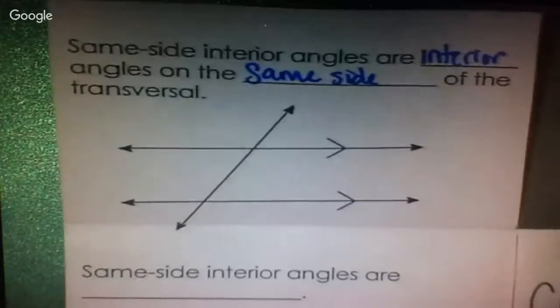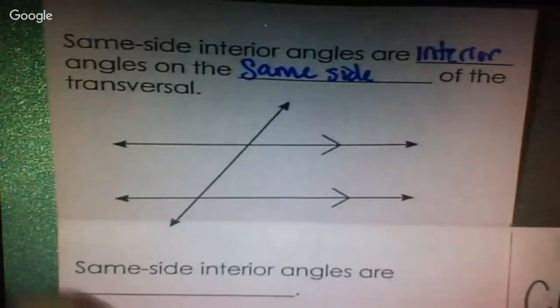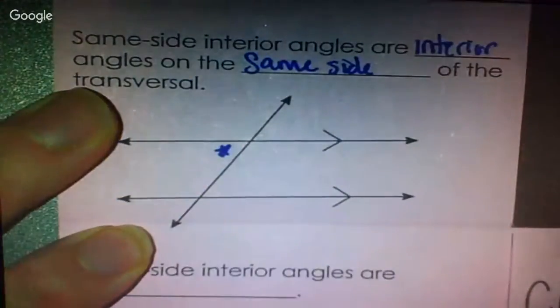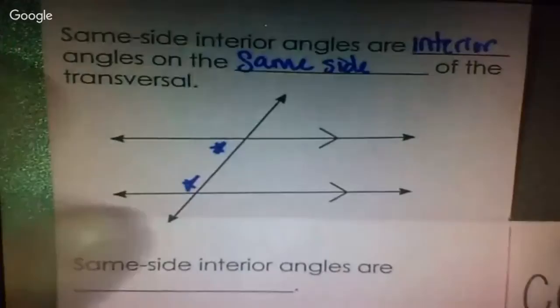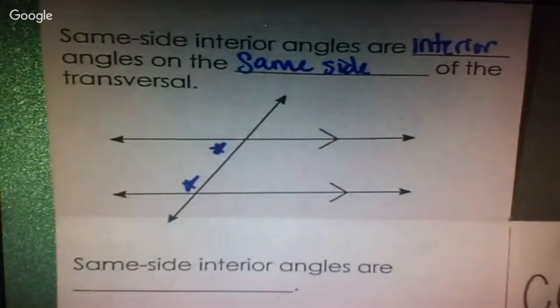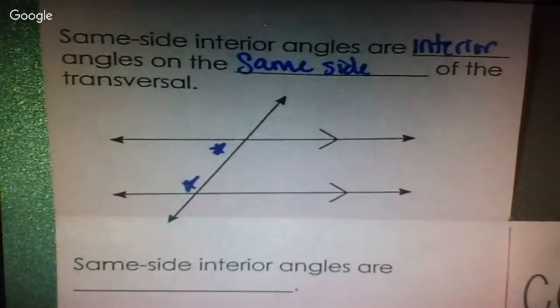They're interior angles on the same side of the transversal. So, this angle and this angle. They're same side. They're both to the left of the transversal, and they're inside my two parallel lines.